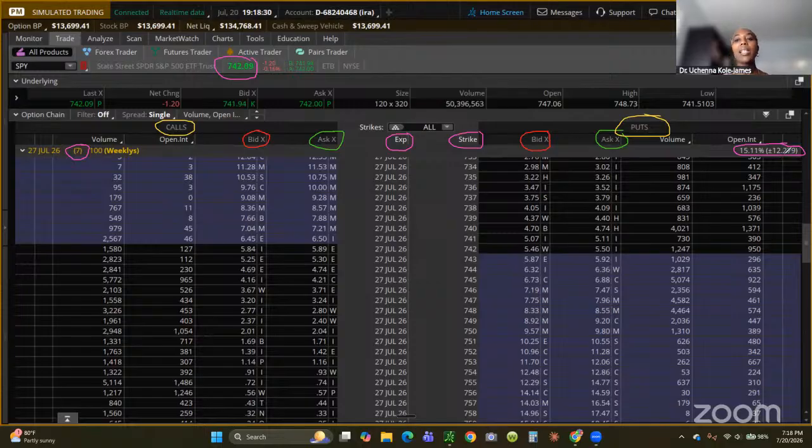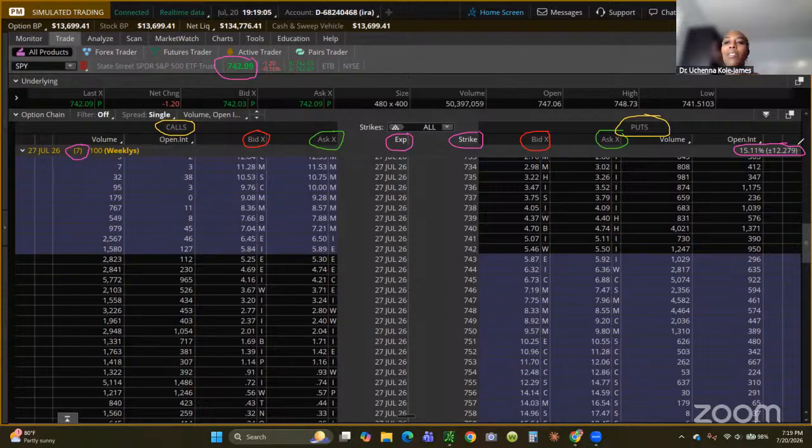What this means is that by July 27th, the SPY is expected to move up or down $12.27. Okay, so I like to look at this implied volatility so I can see if what I think is going to happen is reasonable. Okay, so if I say the SPY is going to move up $30 in 7 days, I mean, could it happen? I guess it could happen.